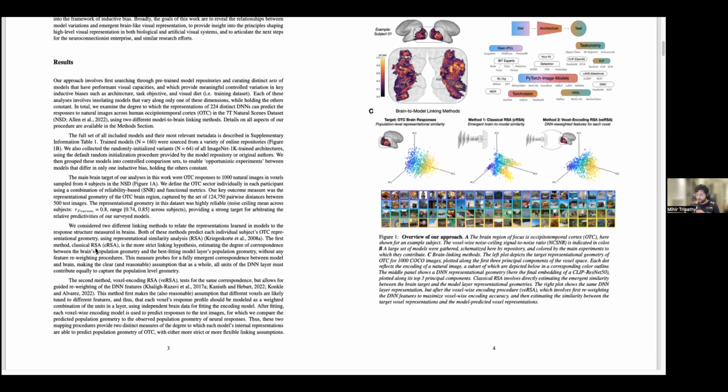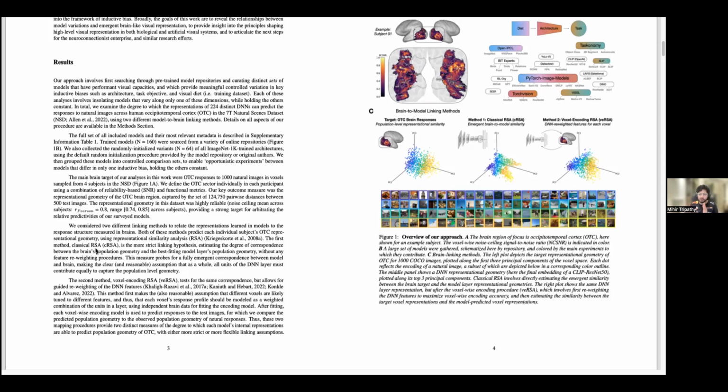Classic RSA assumes that each layer of the model contributes equally to predicting the voxel level brain predictivity, which basically means each part of the model contributes equally. Whereas voxel encoding RSA assumes that some parts of the image lead to different parts of the brain being activated.